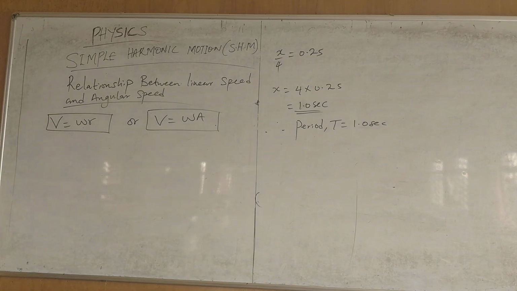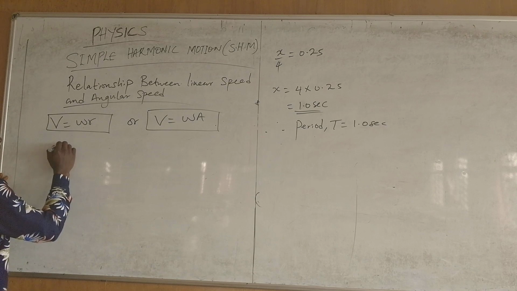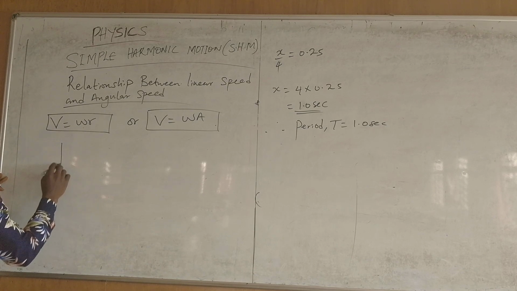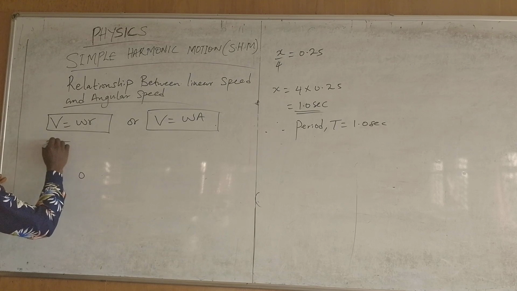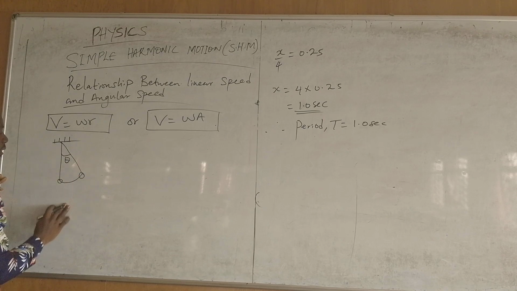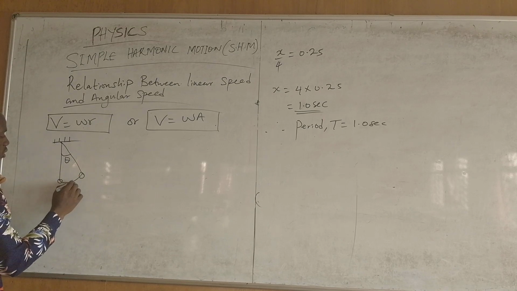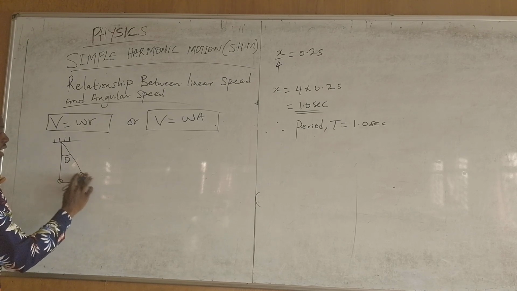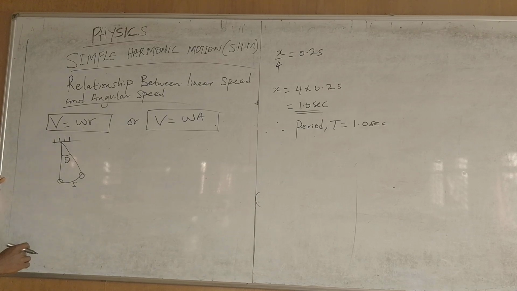Do you remember the diagram I drew for you? A body here, then displaced here. No, this is a rigid support. You displace it to this place so that it has turned through angle theta. Then it must have traveled distance S. From here to here, distance S. Are you following?